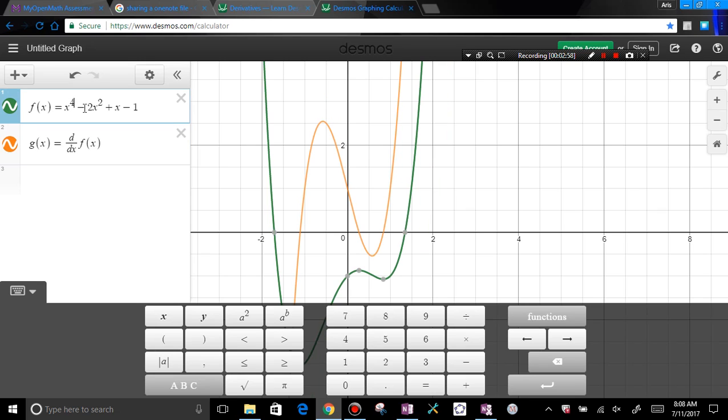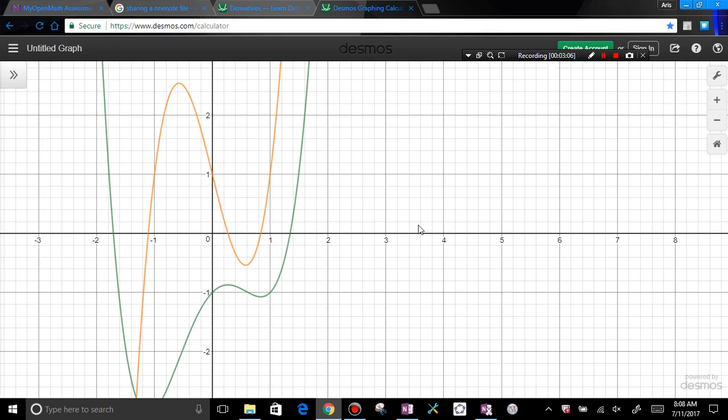Two functions. One of these functions is the derivative of the other function.